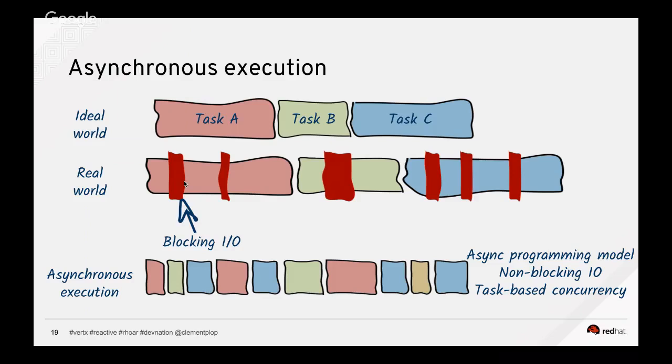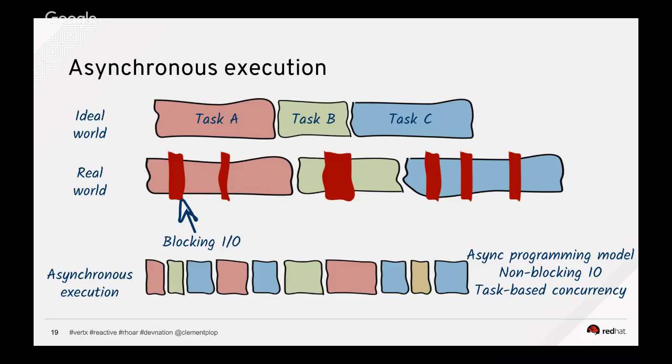So my thread is blocked. And when I get the reply, I can continue and so on and so on until I'm done. And then I can do task B, which will do some other I/O and so on. So in reality, you're not completing your work here, but here, way longer. And during all this waiting time, you just do nothing. You just wait. And we don't like waiting.